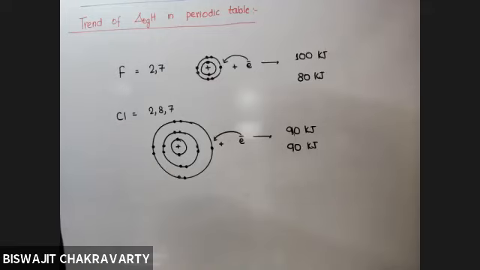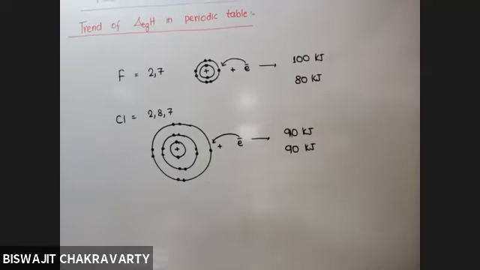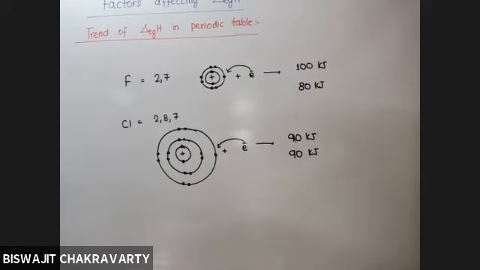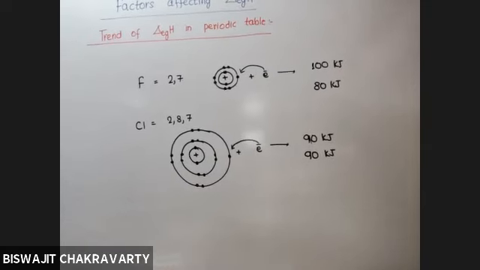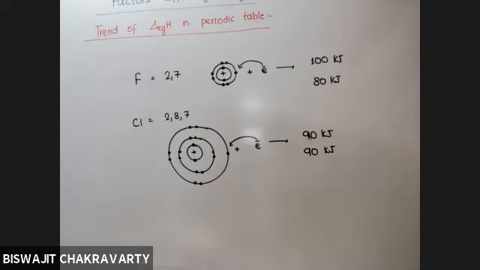Chlorine, due to its smaller size. But in reality, who is releasing a greater amount of energy? It is chlorine. Why? Because there is no deduction at all. Is it clear? Yes, sir. So write down this question and remember this question.